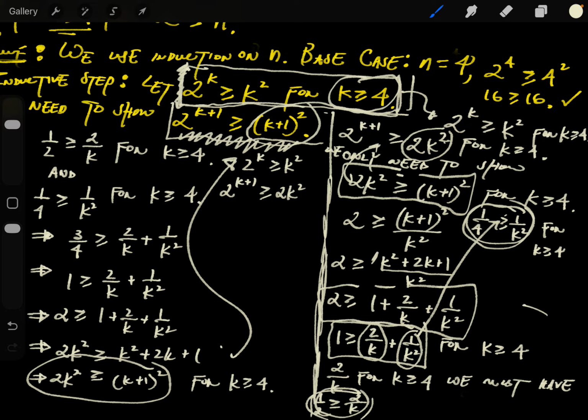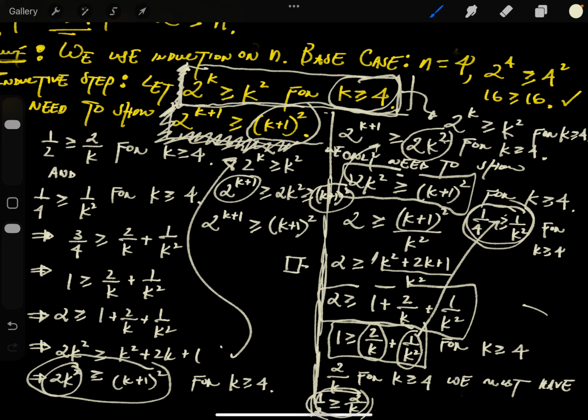But now I showed that 2k squared is greater than or equal to k plus 1 squared. So I could just put that right here and say k plus 1 squared. And then this chain of inequalities shows this, which is what I needed to show: 2k plus 1 is greater than or equal to k plus 1 squared. And I've shown the base case and the inductive step, and we're done.